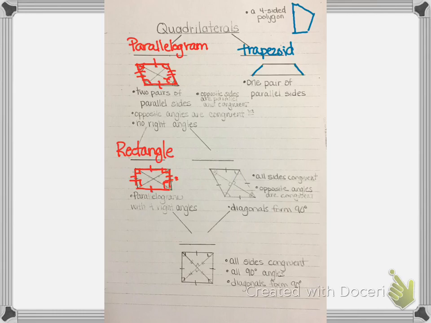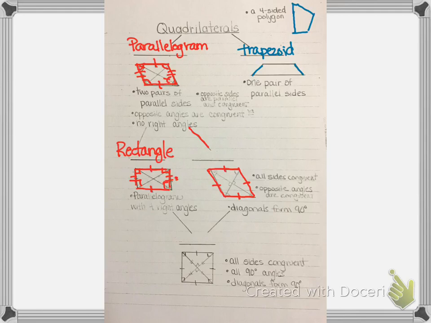Now, if we go back to parallelogram and we take our shape and we give it 4 congruent sides, this side is still parallel and congruent to this side, but we're going to make the sides also parallel and congruent to these sides. So we have opposite sides are parallel and congruent, but all sides are congruent.